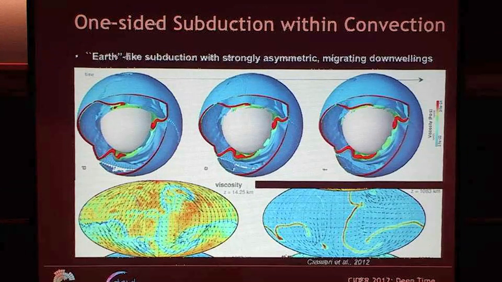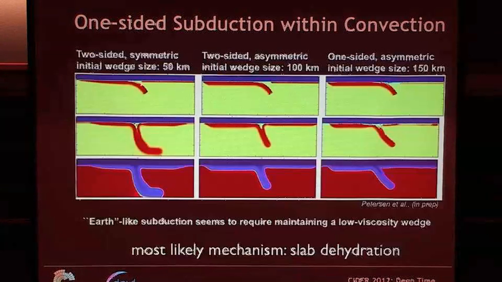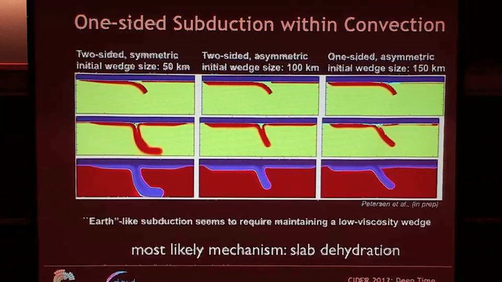And then finally, something in my own group. We're looking at the influence of this decoupling. If we don't have a self-consistent low viscosity wedge generated by slab dehydration, but we're just trying to include in general some amount of decoupling between the overriding thermal boundary layer and the subducting one, then just by changing the original extent of the decoupling, you can generate this giant range of behavior.